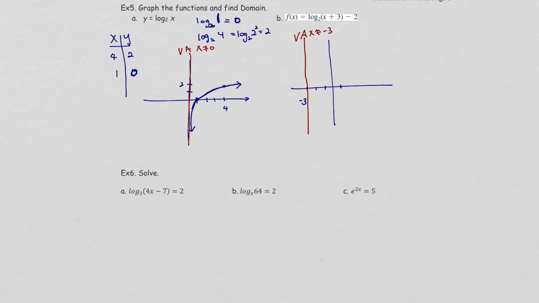Moving left 3 makes it negative 2, and going down 2, so it will be that point right there. So you should be able to use the transformations for the logarithmic graph also.